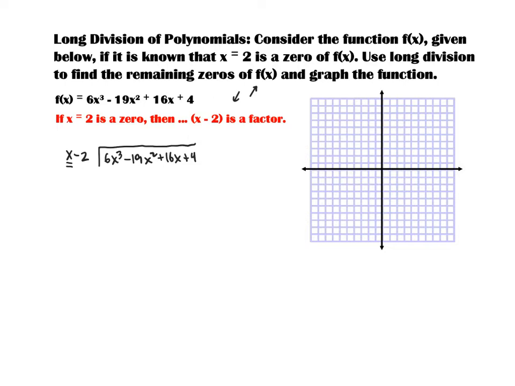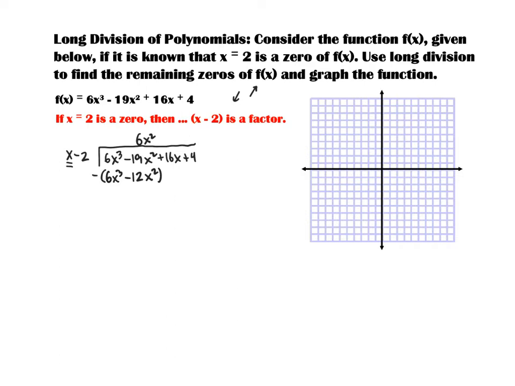Okay, so how many times does x go into 6x cubed? It goes in 6x squared times. Think about that now. x times 6x squared is 6x cubed. So I'm going to multiply through. That'll give me 6x cubed. The 6x squared times negative 2 is negative 12x squared.